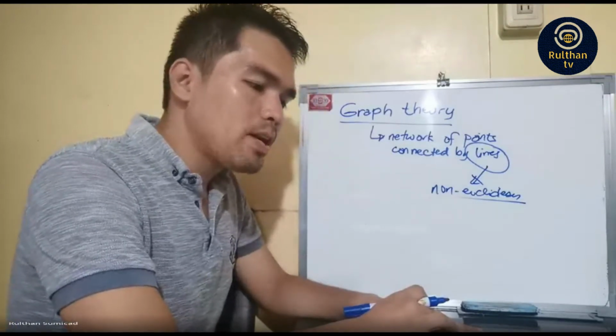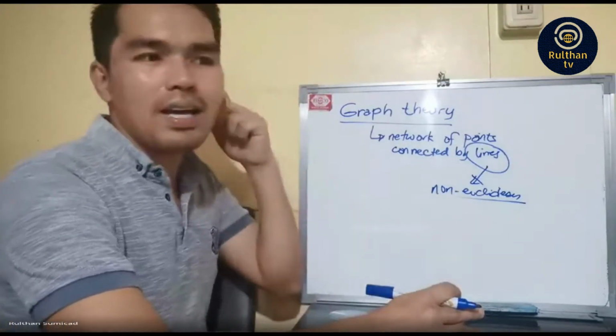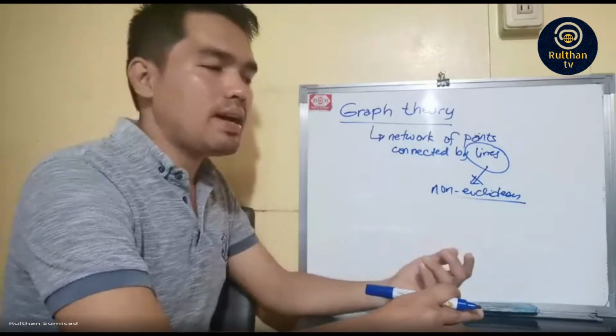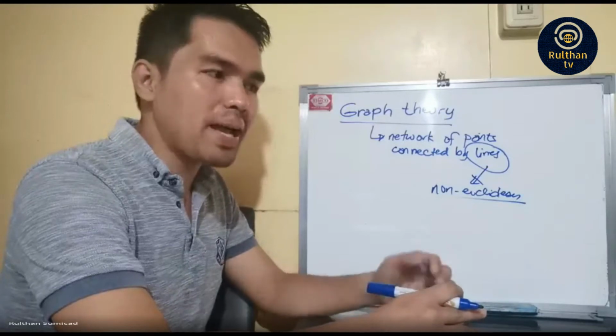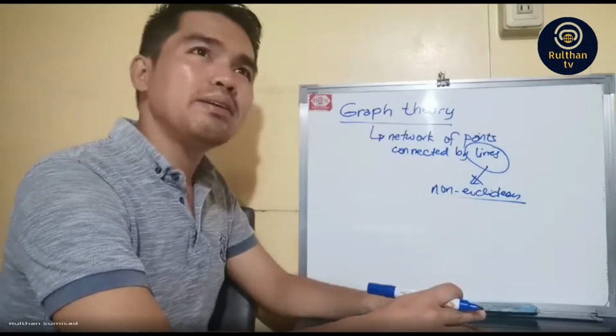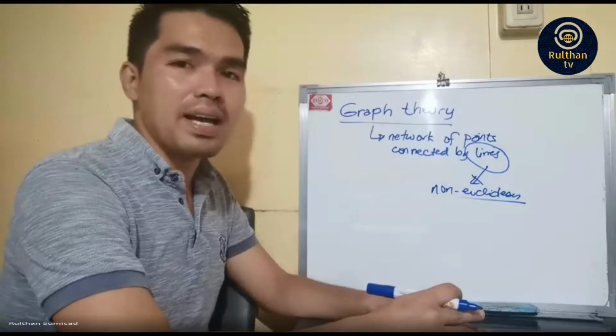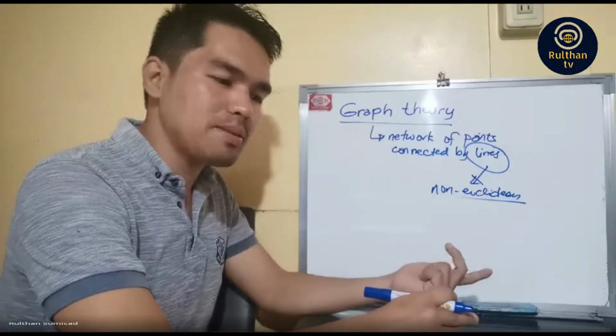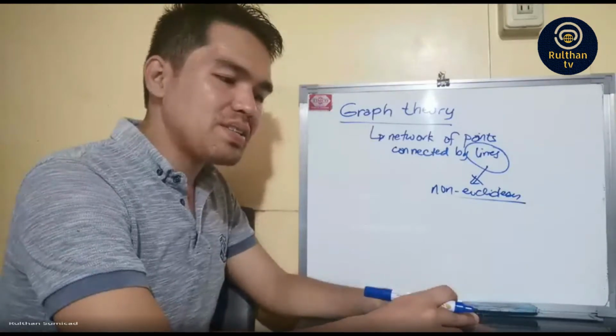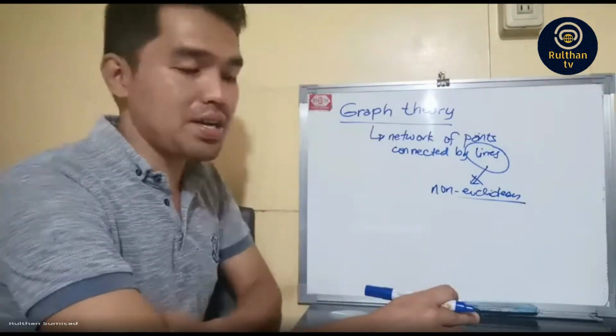Okay, so the concept of graph theory is widely spread and applied in different areas. It's applicable in the field of computer science, social sciences, chemistry, operations research, and other fields.